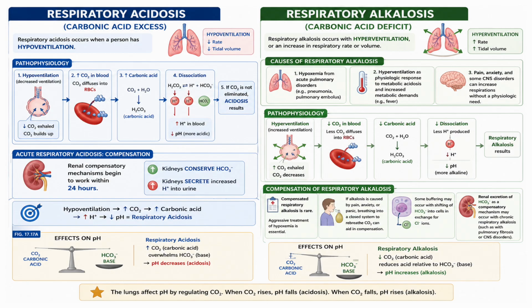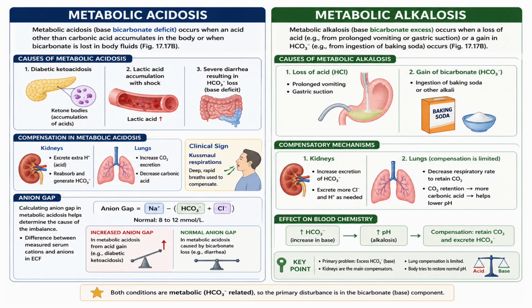Too little CO2, when you're hyperventilating, taking in too much oxygen, not blowing off enough CO2, is going to lead to alkalosis, less carbonic acid, and so the kidney is going to respond by lowering the bicarb and increasing the acid. It's important for you to understand this, so please print this out and review it.